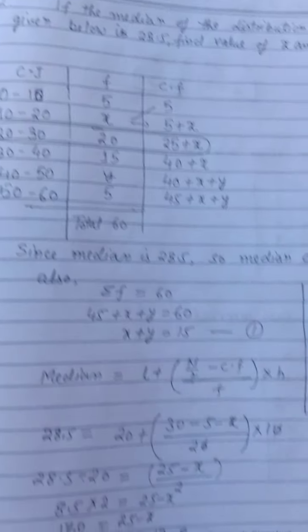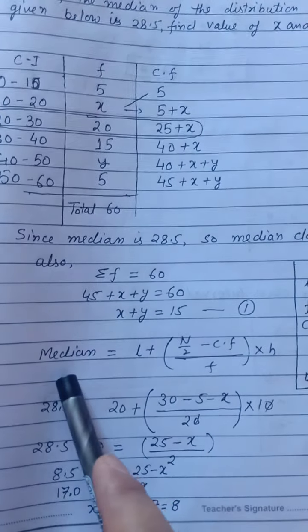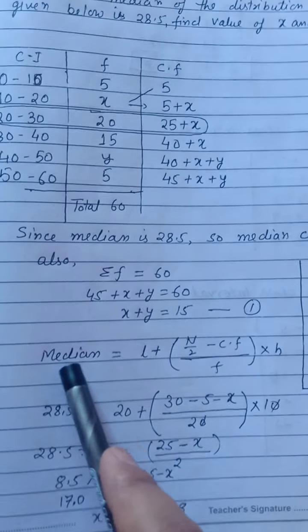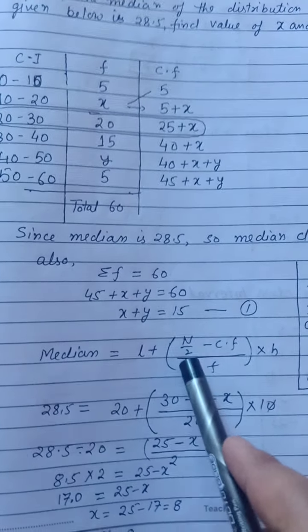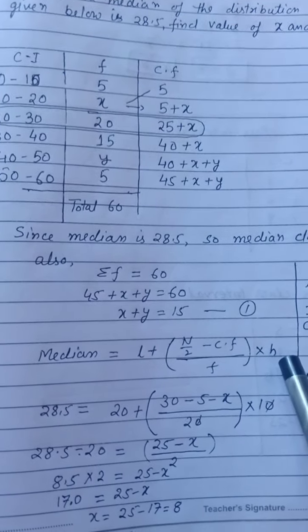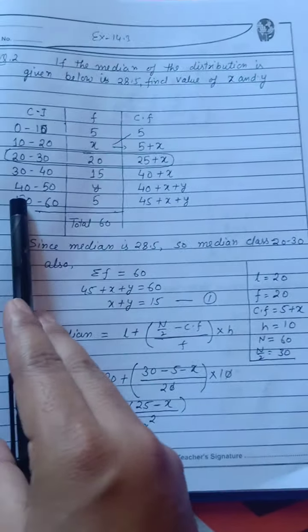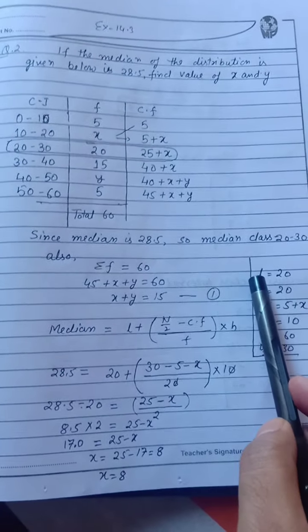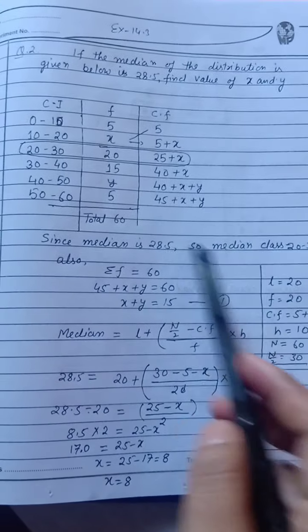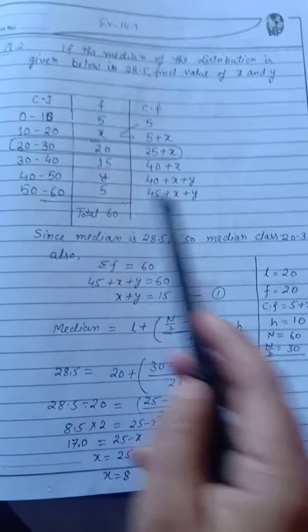Now we will use the formula of median. Median is equal to L plus (n by 2 minus CF) upon f, into h. For this problem, L is the lower limit of the median class, so the value of L is 20.